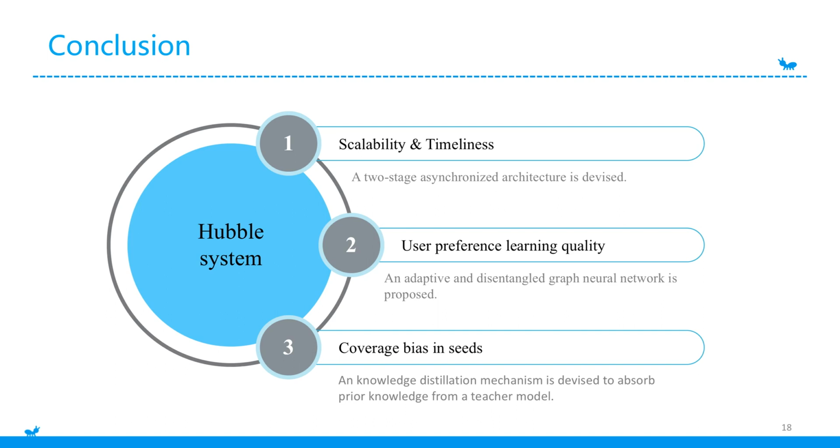At the online stage, we propose a KDAE model, which employs a knowledge distillation mechanism to absorb knowledge from ADGN to eliminate the coverage bias introduced by the given seed users. By combining these 2 stages, the Hubble system demonstrates its superior effectiveness and efficiency in both offline experiments and online A/B testing. The Hubble system has been deployed in the production environment of Alipay to serve billions of users.